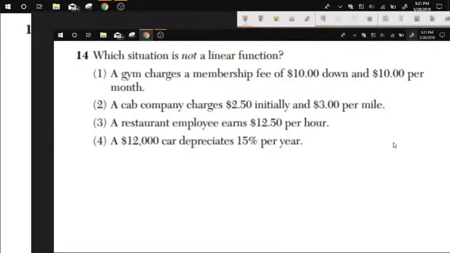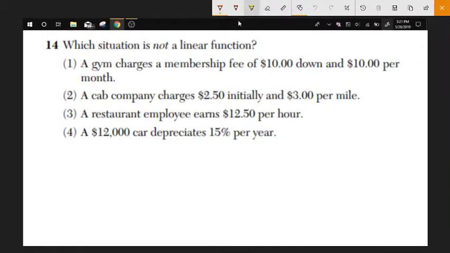Okay, so in the first one, we can imagine the $10 down. That can be like our initial value for a linear equation, so that would replace the b. And then $10 per month, that's the $10 that's going to be multiplied by the x.